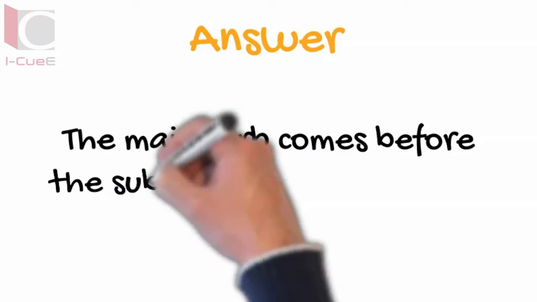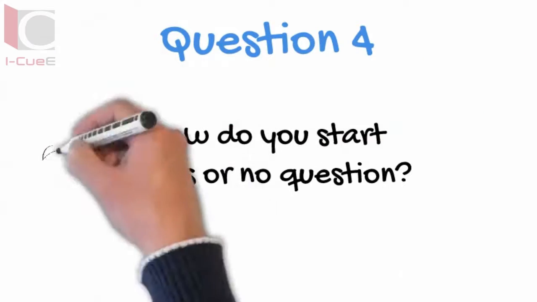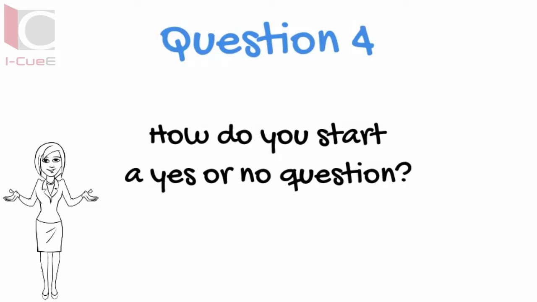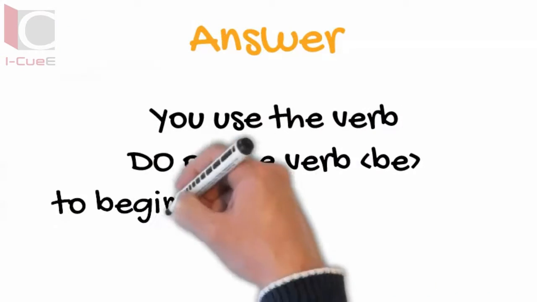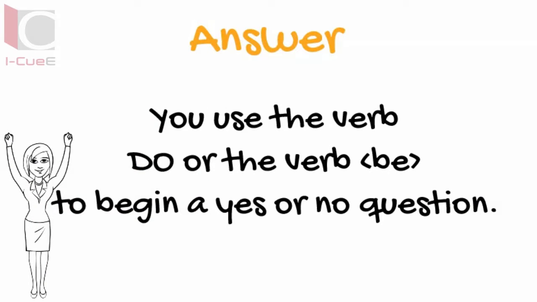The main verb comes before the subject noun in questions. How do you start a yes or no question? You use the verb do or the verb be to begin a yes or no question.